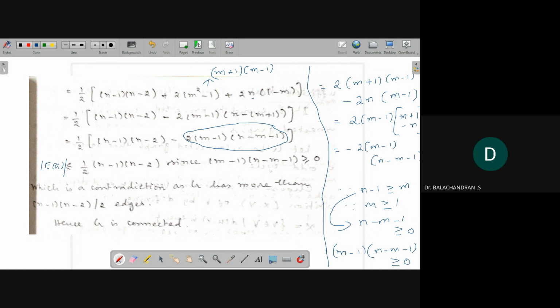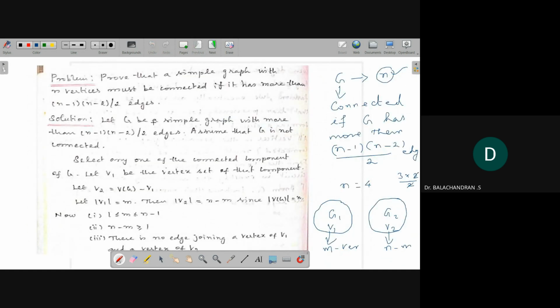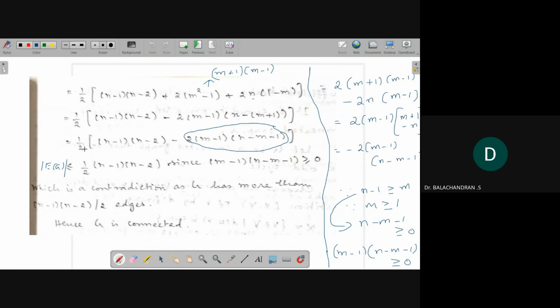We assumed G has more than n minus 1 into n minus 2 by 2 edges, but because G is not connected, we now got that the number of edges is less than or equal to n minus 1 into n minus 2 by 2.